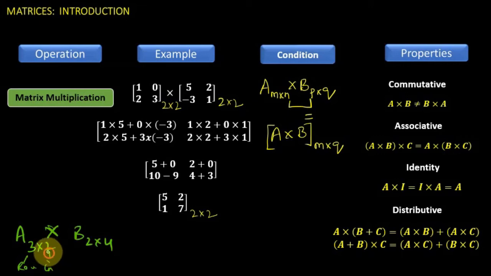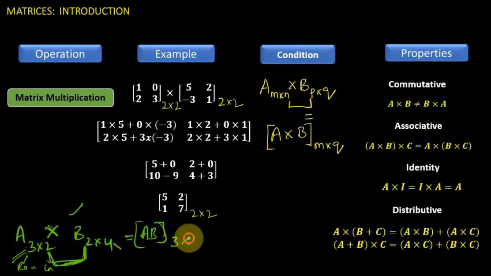The number of columns of the first matrix should be equal to the number of rows of the second matrix. Here 2 is equal to 2. Therefore, yes, it is possible to multiply these two matrices. And what will be the order of the resultant matrix AB? The remaining ones, 3 cross 4. After multiplication I'll get the order 3 cross 4.